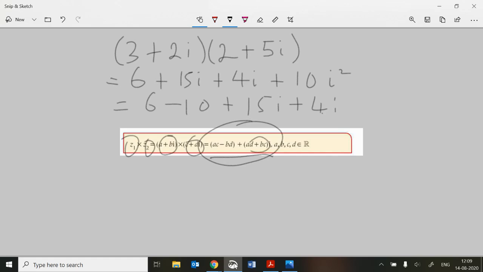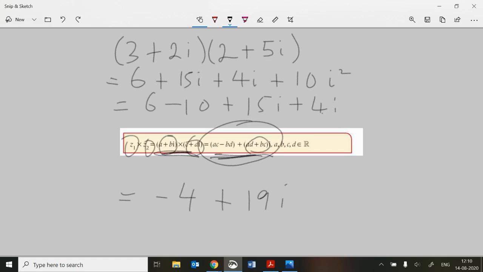And so you can see this is exactly what's happened here. It's written in what looks like a complicated form, but in fact it really isn't. So you can obviously simplify that one at the end. So we're getting -4 and then plus 19i in this case, and that's the multiplication of 2 complex numbers.